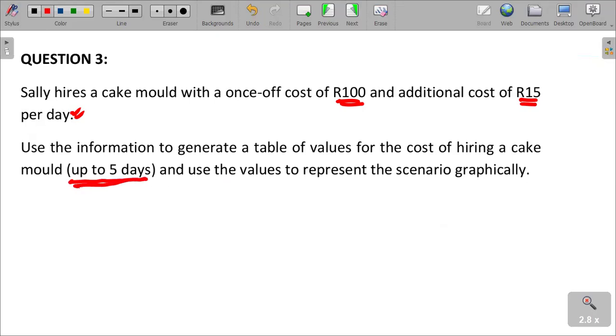That is what the examiner is looking at, plus of course the original cost and also the additional cost. So in order for us to get the total cost, the formula that we can use is total cost. How do we get the total cost in this case?